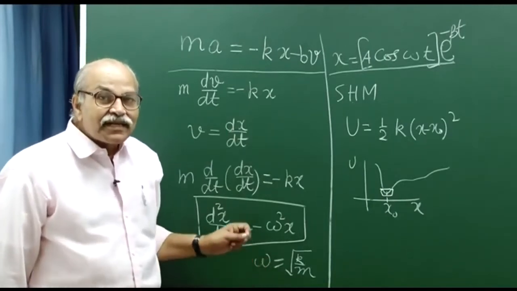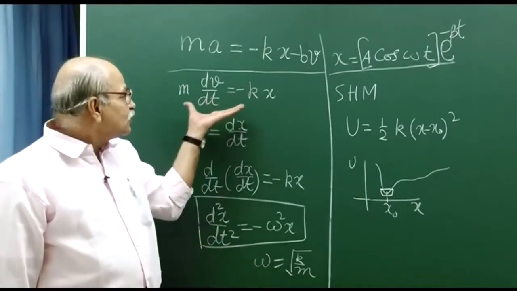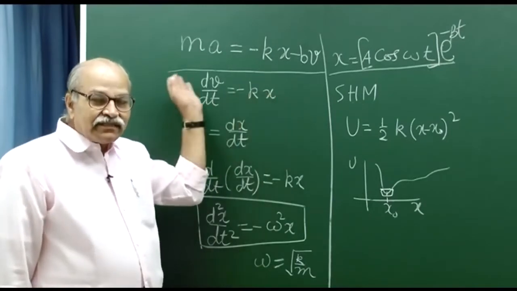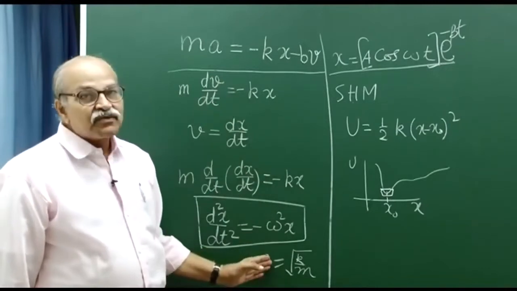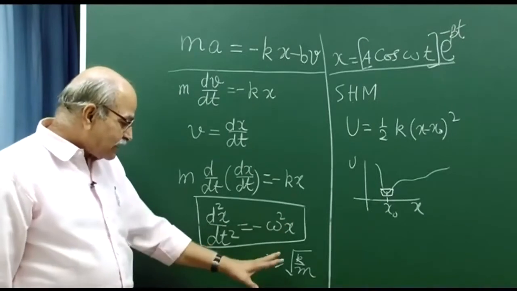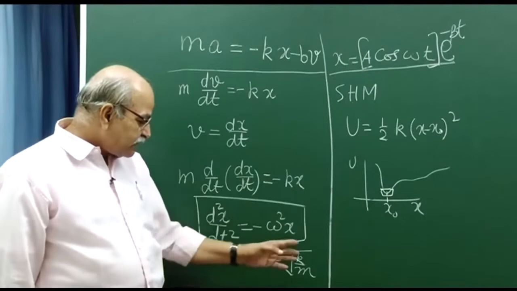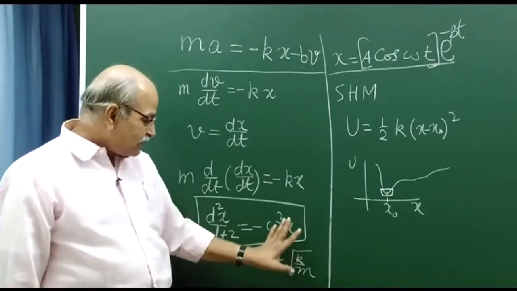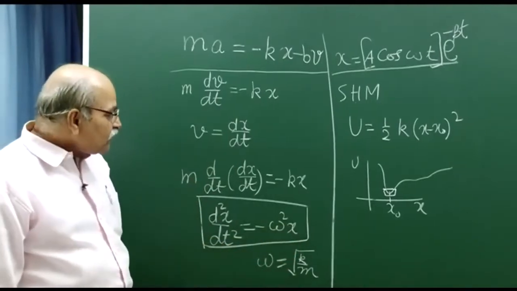We call it the natural frequency of the system. The system, which includes the object and the restoring force, will oscillate with this particular frequency. This omega is called angular frequency; your frequency will be this divided by 2 pi. But we generally call this also frequency.